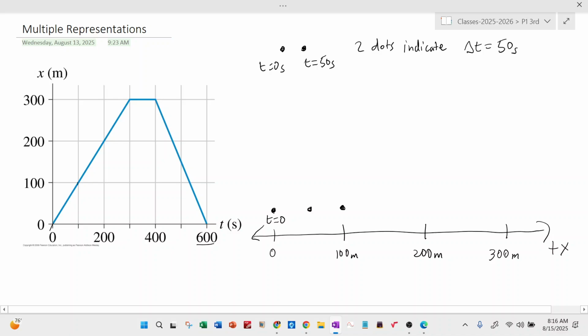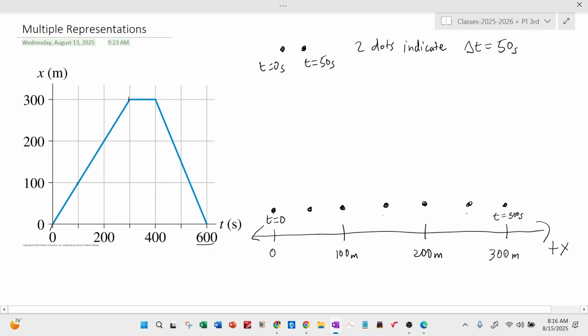And then it just continues at a constant velocity till we get to 300 meters. Now let's check that. 0, 50 seconds, 100 seconds, 150 seconds, 200 seconds, 250 seconds. So I'm going to number this one, t equals 300 seconds, just to keep track for myself. Now I'm up here on the graph.